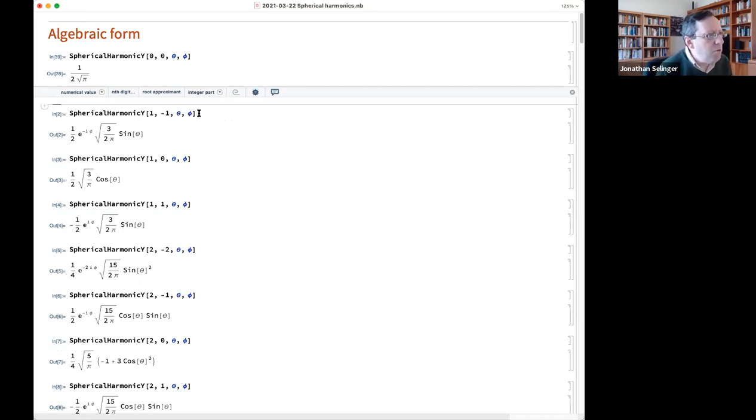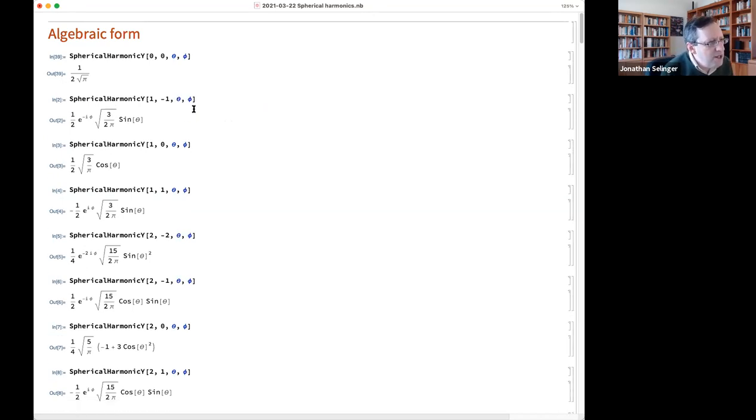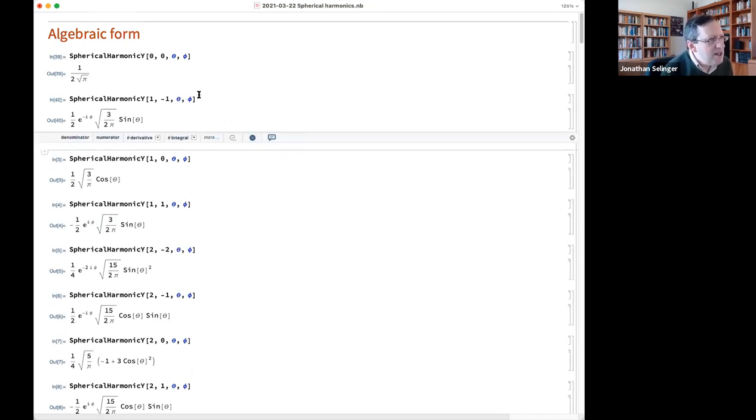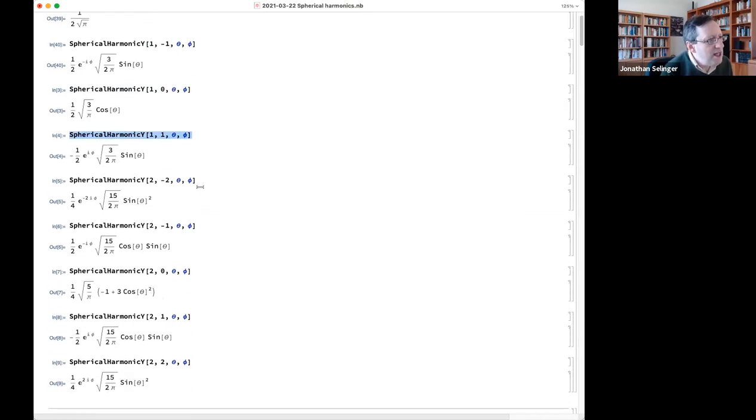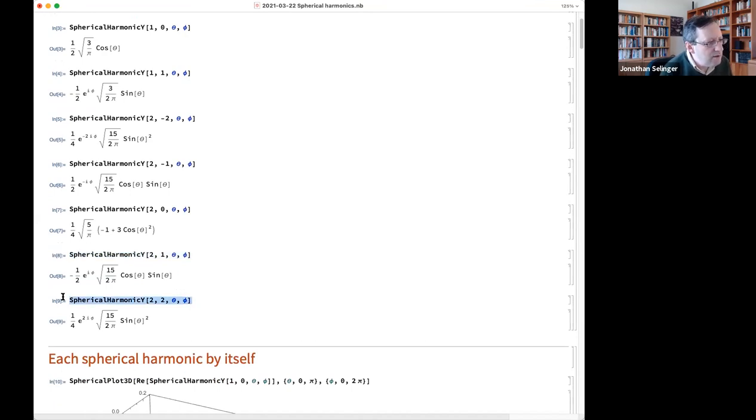Okay, what about here? If L equals 1, then the index M is -1 or 0 or +1. If L equals 2, we can have the index M is -2, -1, 0, 1, or 2.